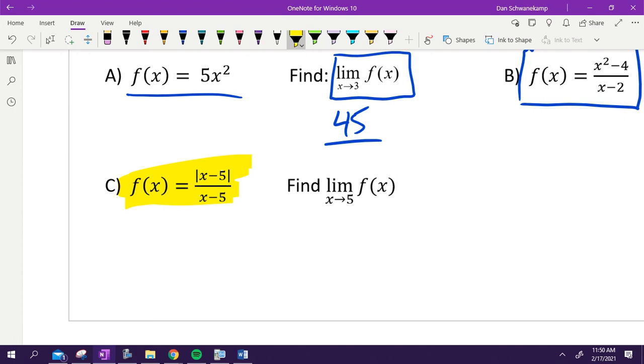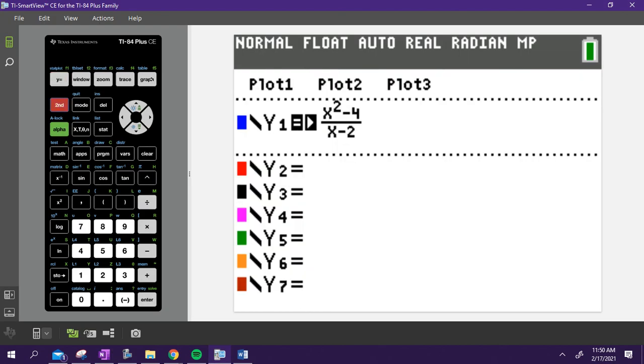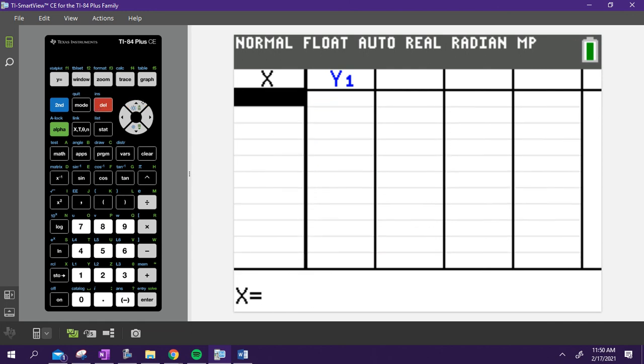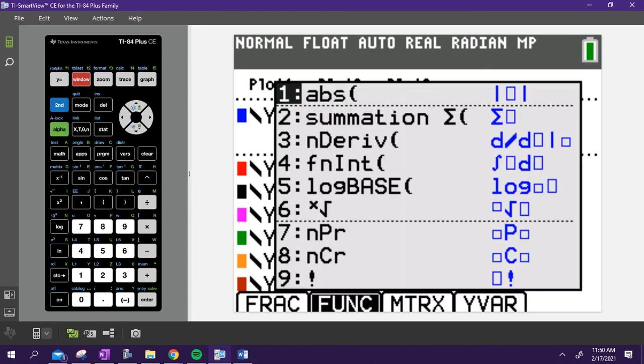The absolute value of x minus 5 all over x minus 5. Let's go to y equals. Actually, I'm going to clear out my table real quick, so next time I come back here, it doesn't look weird. I'm going to go alpha f1 and pick my fraction bar. I need to do absolute value. My favorite way is alpha f2.